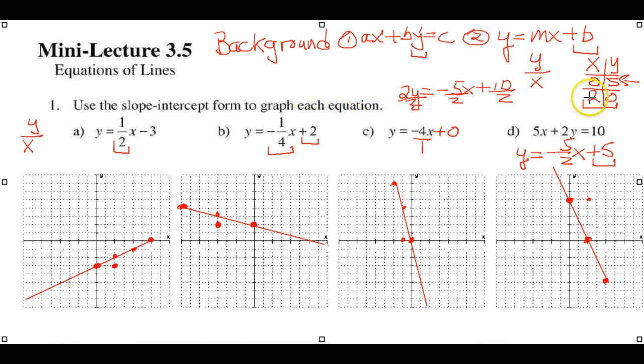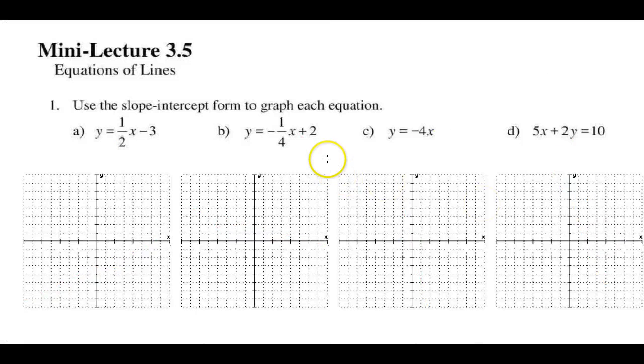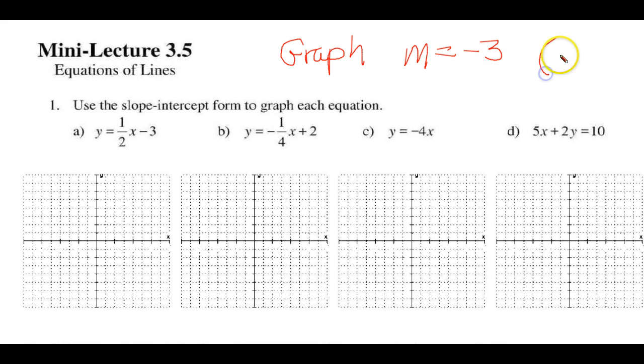Now while we're here, I'm going to clear this up and just give you one more to look at. Every once in a while you run into something like this. And it will say graph something with a slope of, let's say, -3 that goes through a point -2, -3.